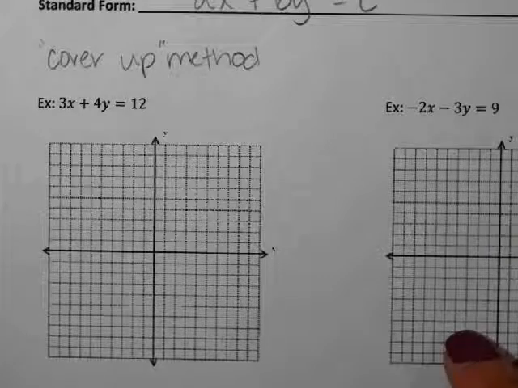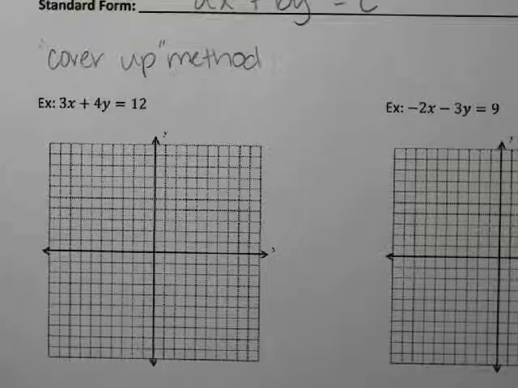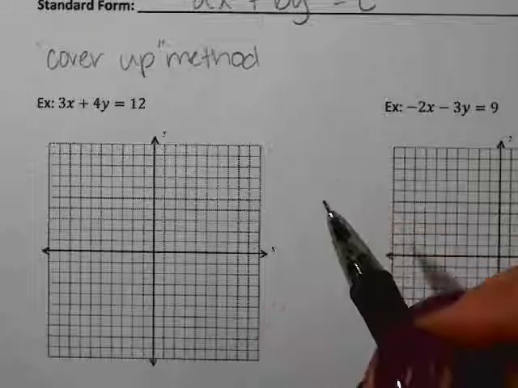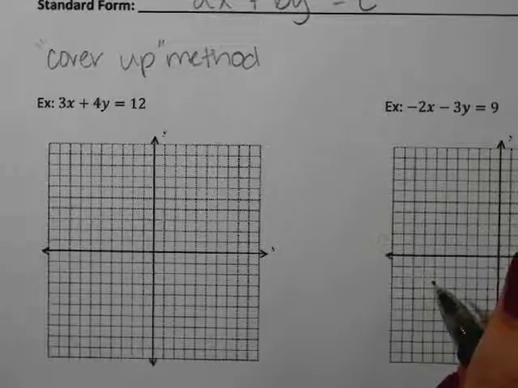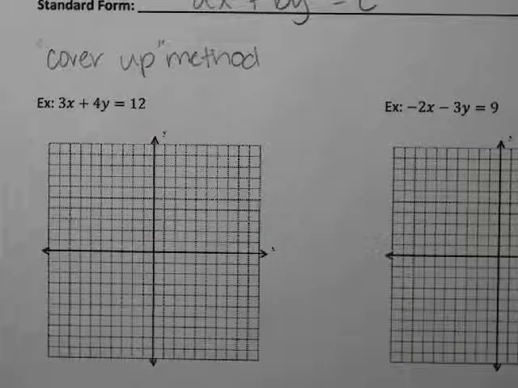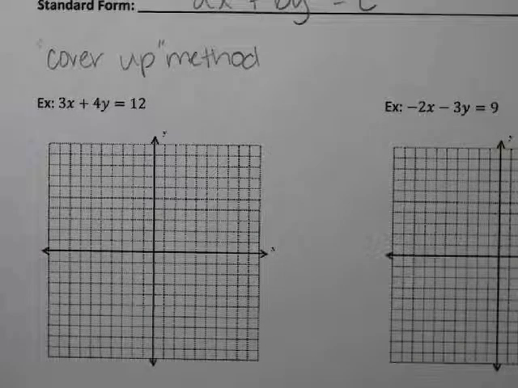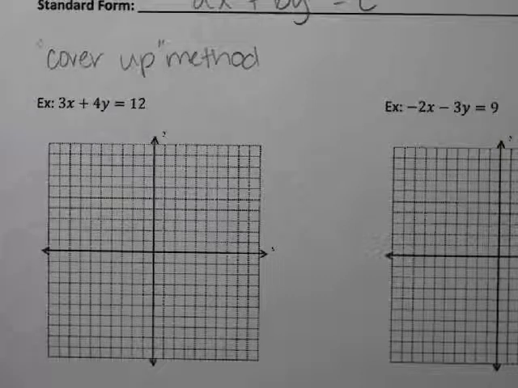Sure. So your next seat needs to be right there. All right, so the way the cover-up method works is you realize that we're going to look in this one for intercepts. So if I'm looking for the x-intercept, what do I plug in for y? 0. All right.